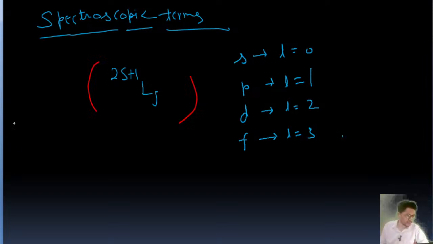Okay, now for L equal to 0, these are basic things I'm telling you.